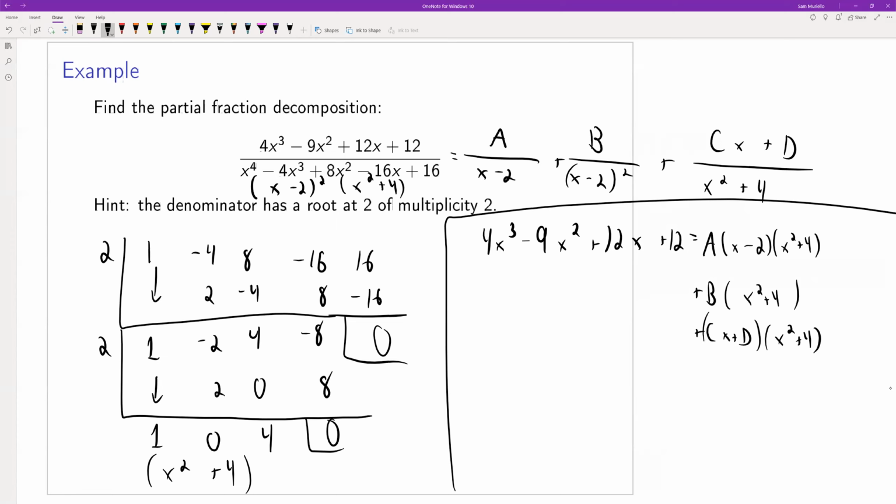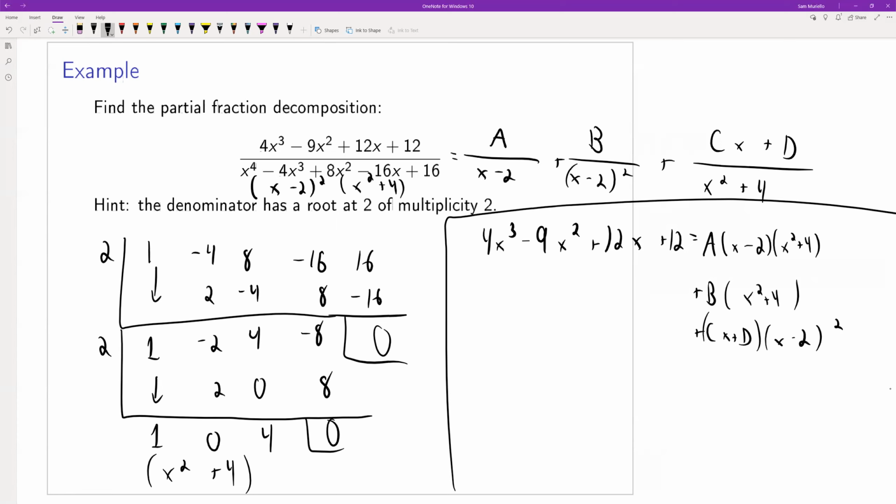Sorry, not x squared plus 4. That was the piece that should have canceled. (x minus 2) squared. Now we can see here that we already know that the fast method will not be able to get us to the end because there's nothing I can do that will cancel out C but not D, or vice versa.